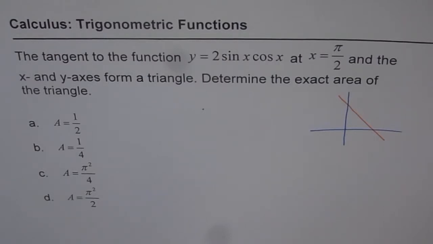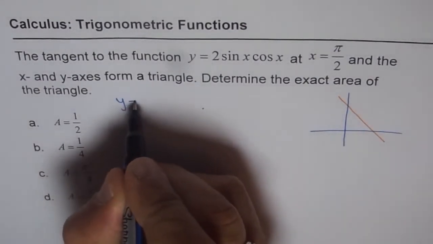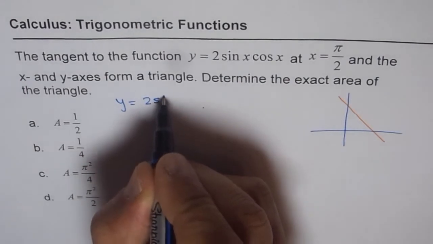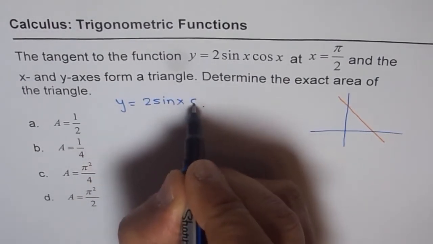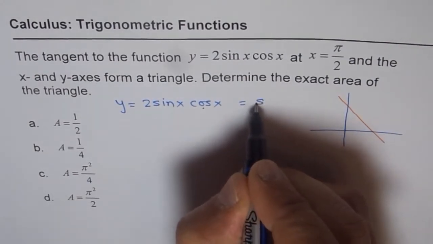So for that, let's find out the equation of the tangent and then the x and y intercepts, and then we can find the area, which will be half base into height. So the function given to us is y equals 2 sine x cos x. We can always write this as sine 2x.